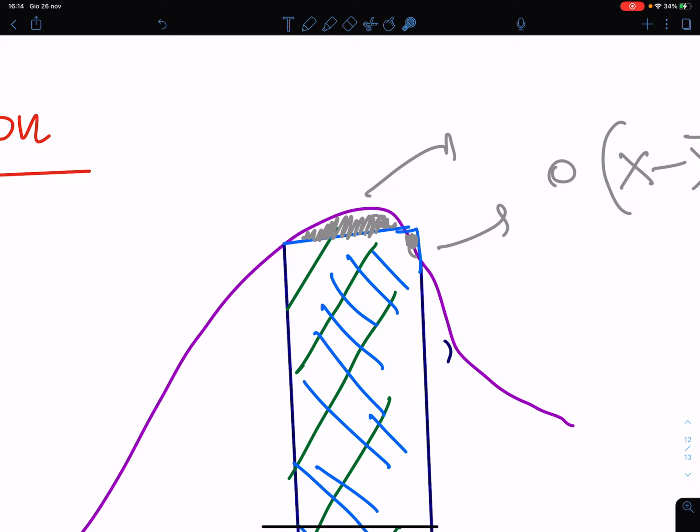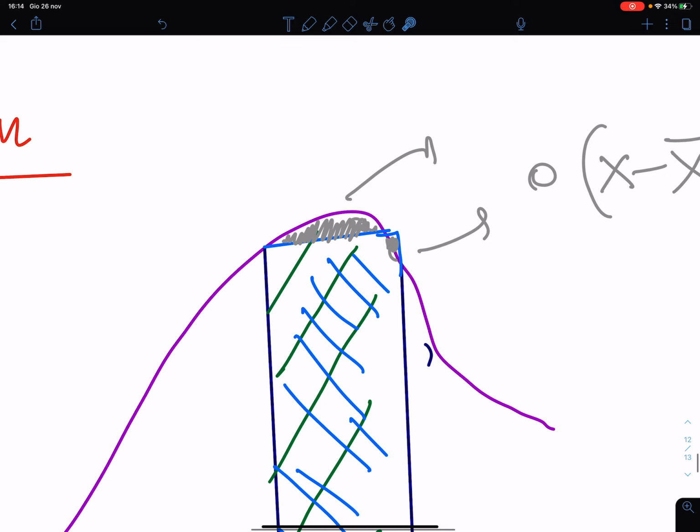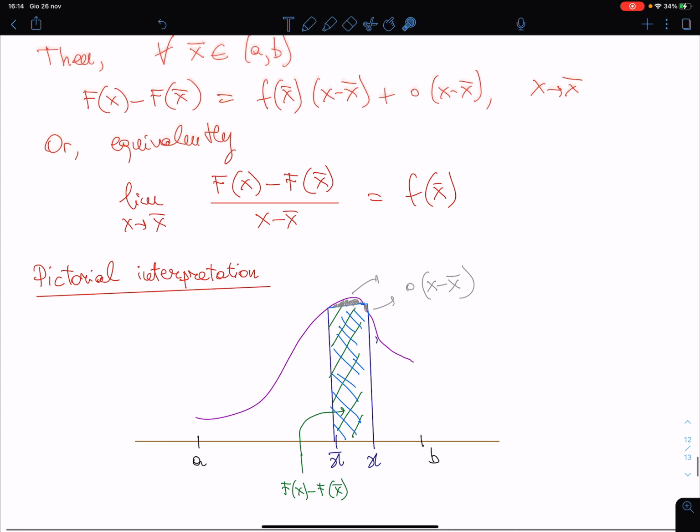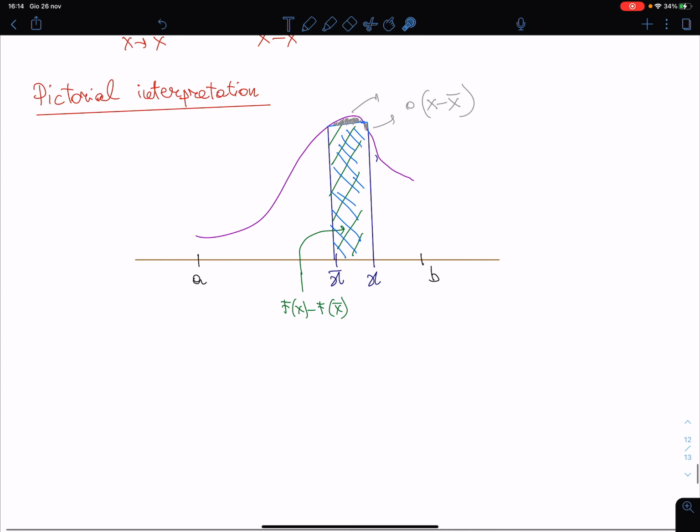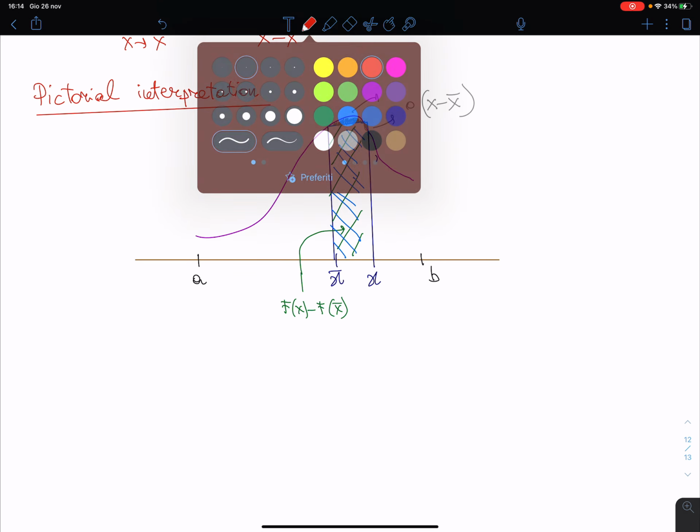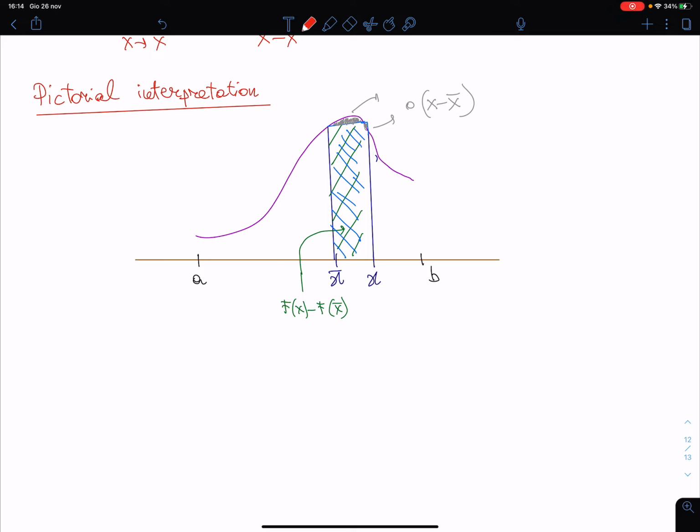And this is the reason why the theorem holds and requires the function to be continuous. But let us go to the proof, because we believe mainly in proofs.